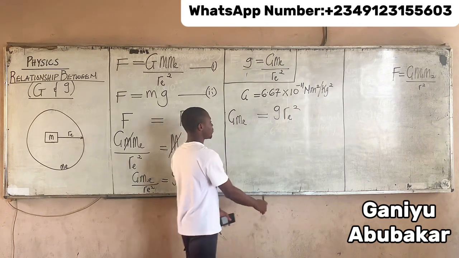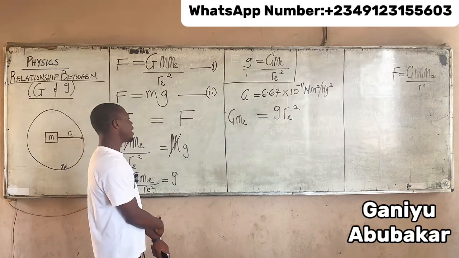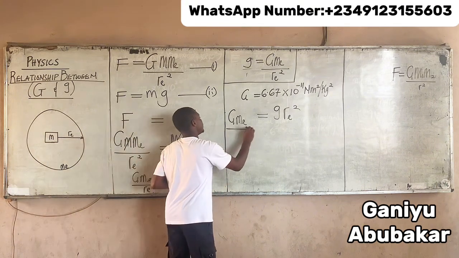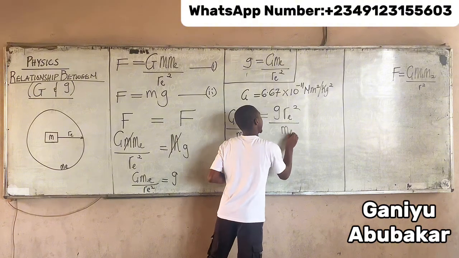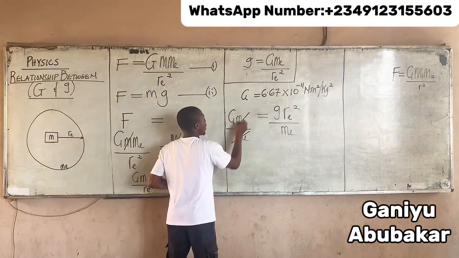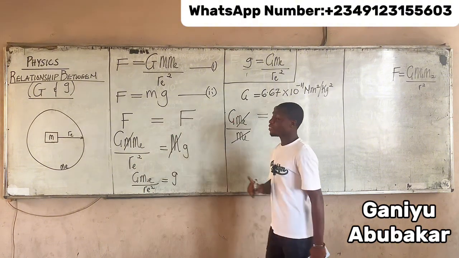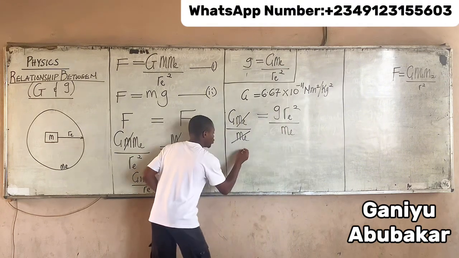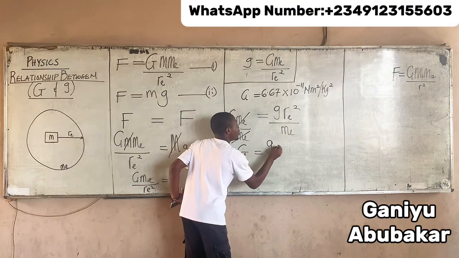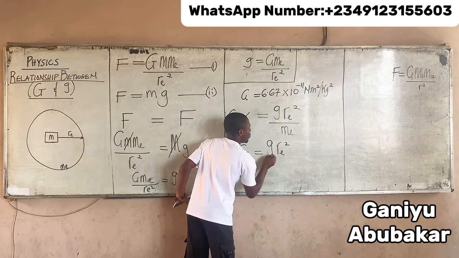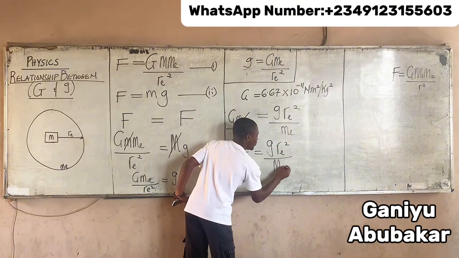First things first, let's make G the subject. Divide by ME, so ME cancels out ME, and I'm left with capital G. So capital G is equal to small g RE squared over ME.